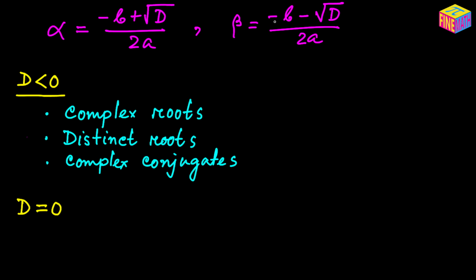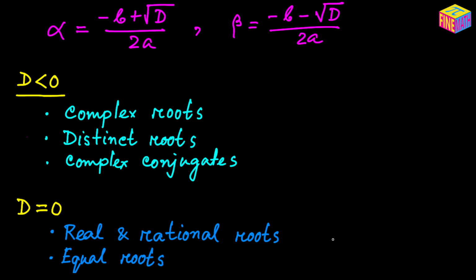For alpha it will be negative b divided by 2a, and for beta also it will be negative b by 2a, because when D is 0, the square root of 0 is 0. So the values of the roots will be equal. In this case, the values of the roots will be real and rational, and also equal. Now let's talk about the third scenario where D is greater than 0.